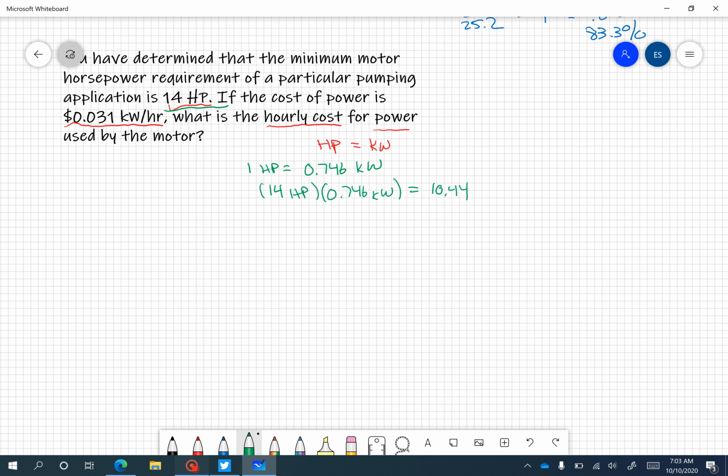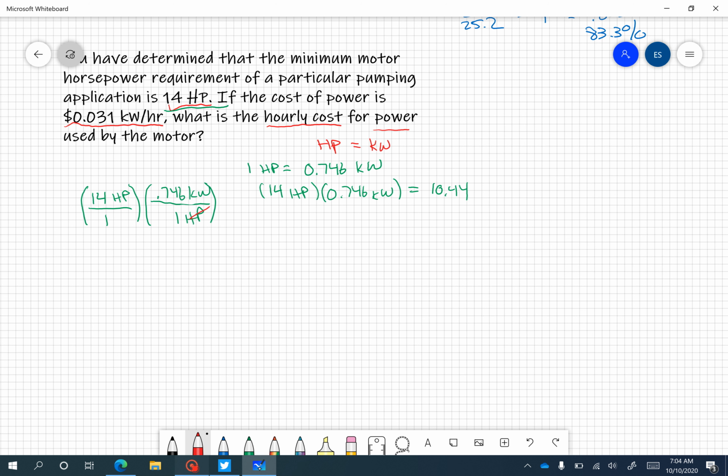So again, if we wanted to write this out the long way to practice canceling out like units, we could write it like this: 14 horsepower over 1, and, excuse me, 0.746 kilowatts per 1 horsepower.